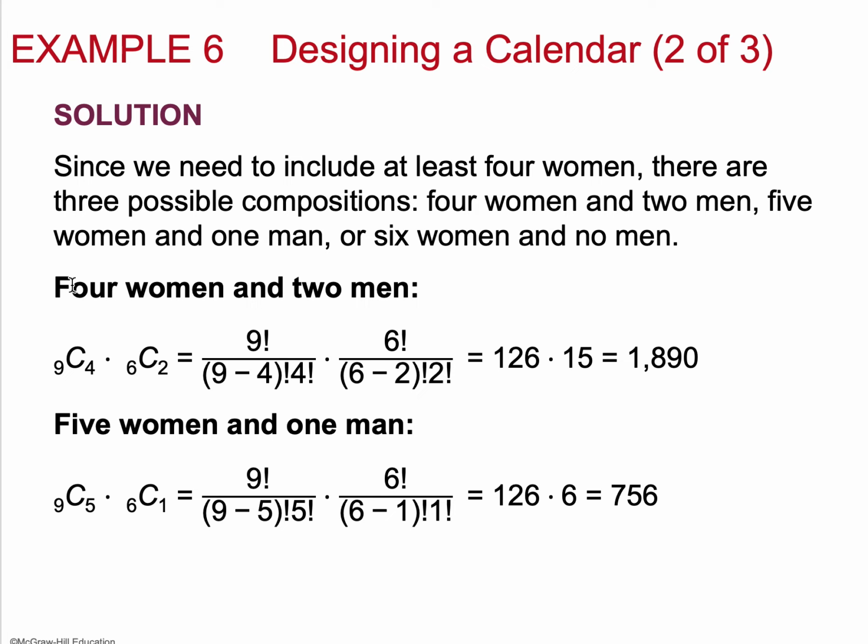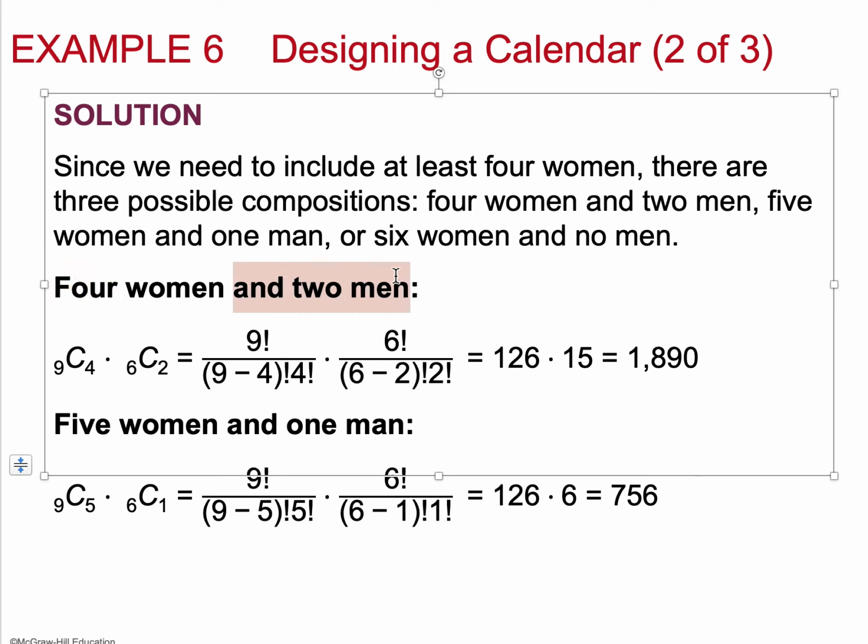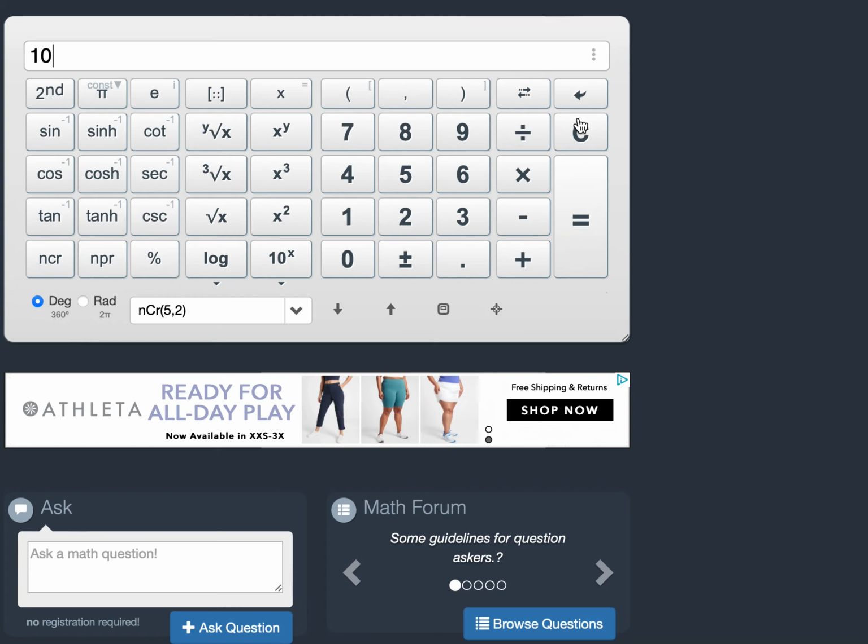So if I want to choose 4 women and 2 men, this is like the problem we just did. So there are 9 women total, and I want to select 4. So I'm going to go to nCr. I have 9 women. I'm selecting 4 of them. So the number of ways I can do that is 126.